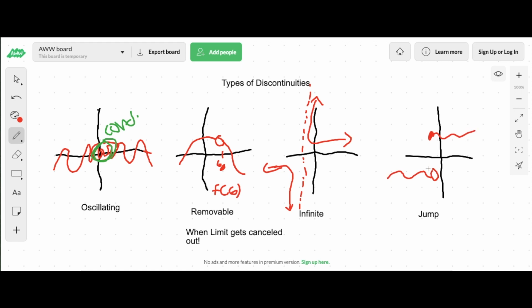The function basically just jumped. That's how you memorize or understand a jump discontinuity visually. Other than that, those are the types of discontinuities graphically.